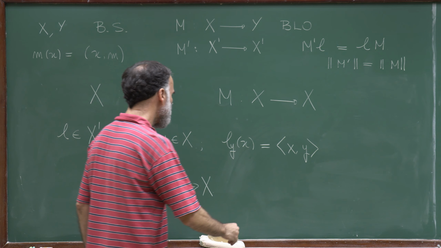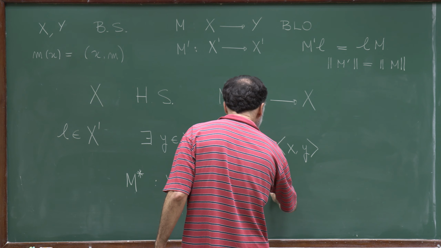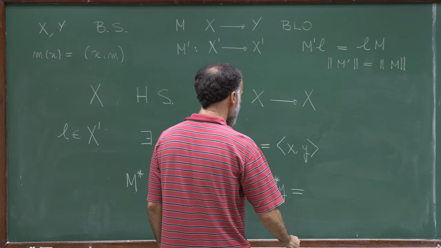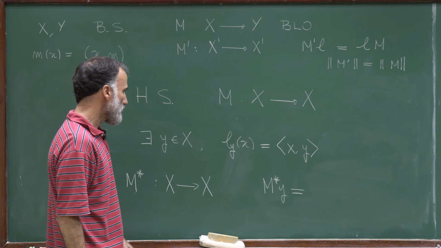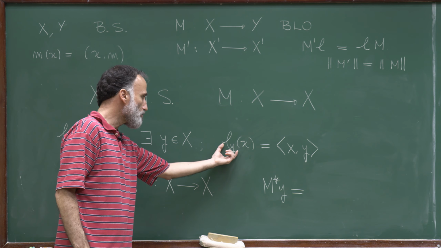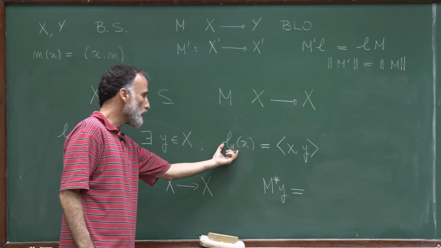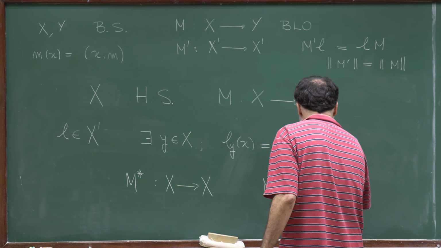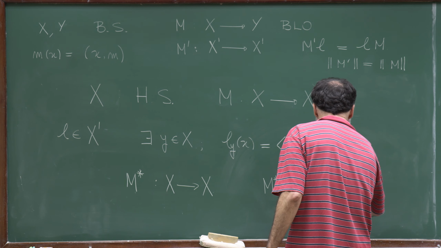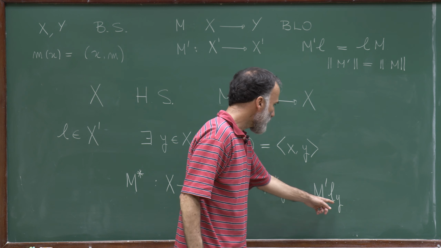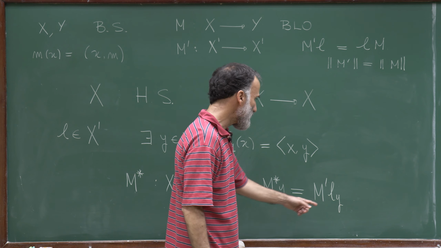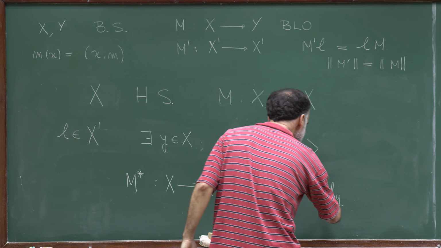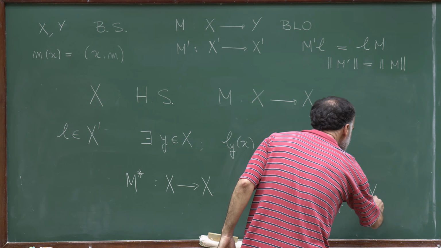and its definition is the following: I fix y in X. Given that y, I have this bounded linear functional L of y, and M star y is equal to M prime applied to L_y. So L_y is a bounded linear functional in X. M prime sends bounded linear functionals to bounded linear functionals, so this is an element of X prime.